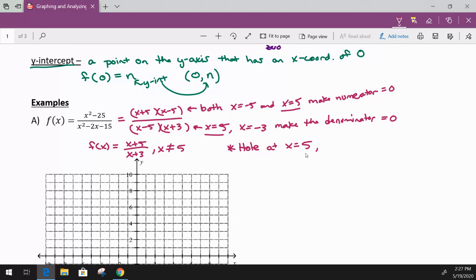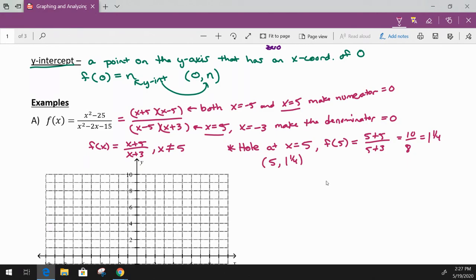But to find the y-coordinate, you do have to actually substitute 5 into this new function, x plus 5 over x plus 3. So 5 plus 5 over 5 plus 3 would be 10 over 8, which would reduce to 1 and 1/4. So the point (5, 1 1/4) will actually be a hole.